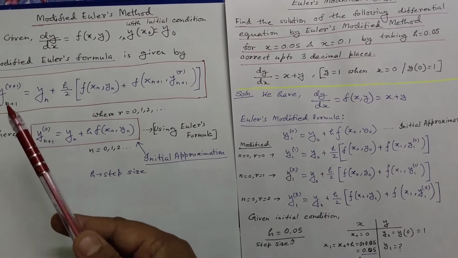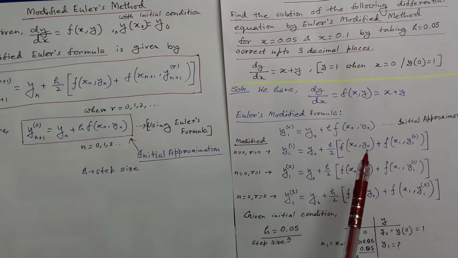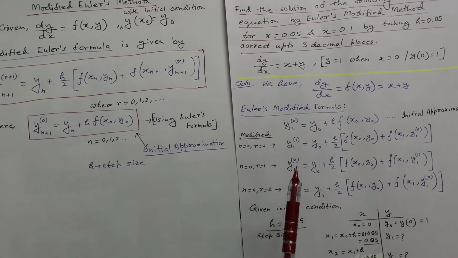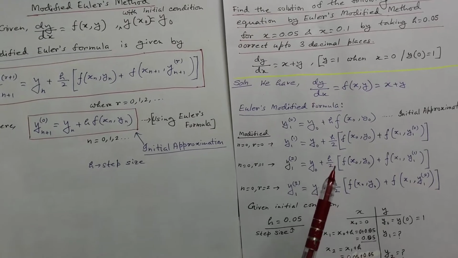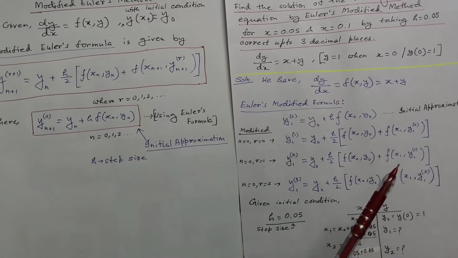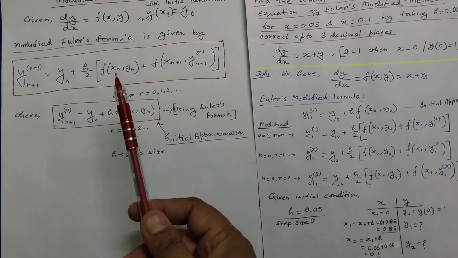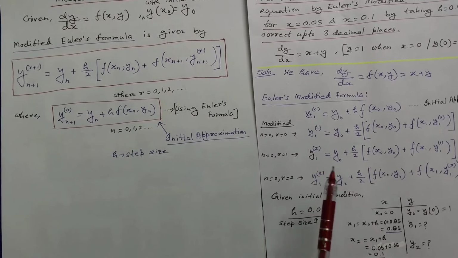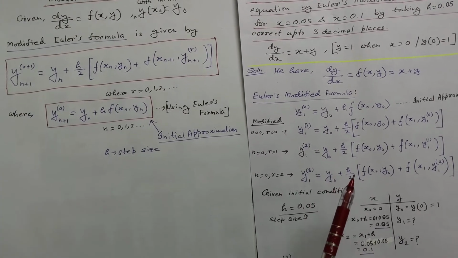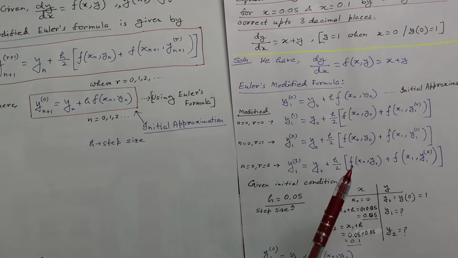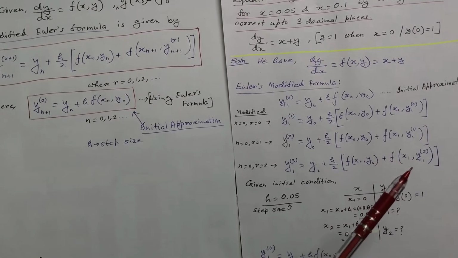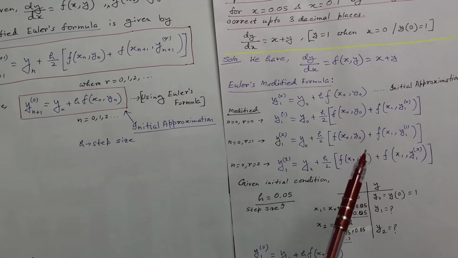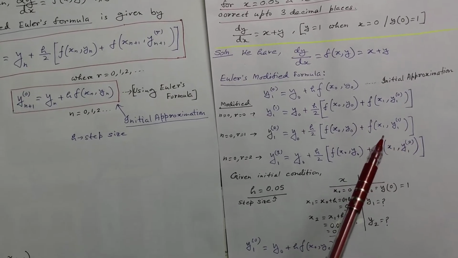Now putting n equals 0 and r equals 1, we get y1^(2) equals y0 plus h/2 times [f(x0, y0) plus f(x1, y1^(1))]. Similarly, by putting n equals 0 and r equals 2, it becomes y1^(3) equals y0 plus h/2 times [f(x0, y0) plus f(x1, y1^(2))]. See, in all these cases f(x0, y0) will be there, plus the function with y1.